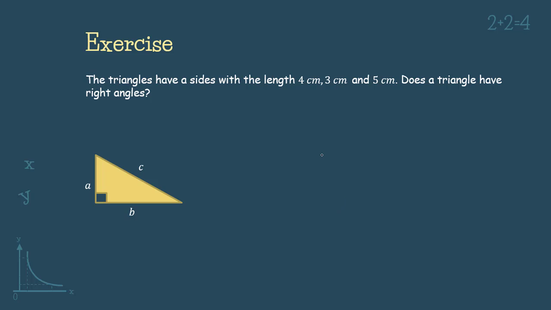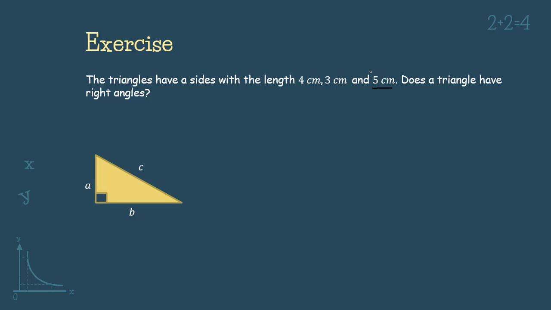And then for the next exercise, I have a question. The triangle has sides with lengths 4 cm, 3 cm, and 5 cm. Does the triangle have a right angle? From this question, we know that the longest side, which is the hypotenuse, is 5 cm.